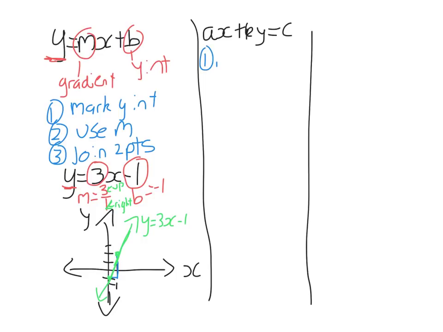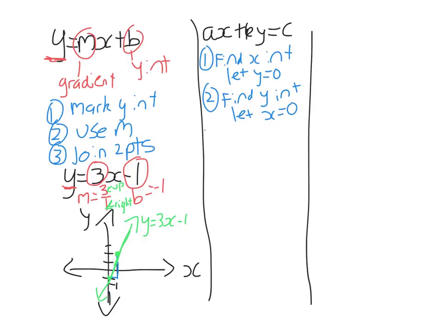You find the x-intercept by letting y equal 0. Then you find the y-intercept by letting x equal 0. Again, we're finding 2 points and just joining them up. So it's easiest to use when it's not of the form y equals mx plus b.